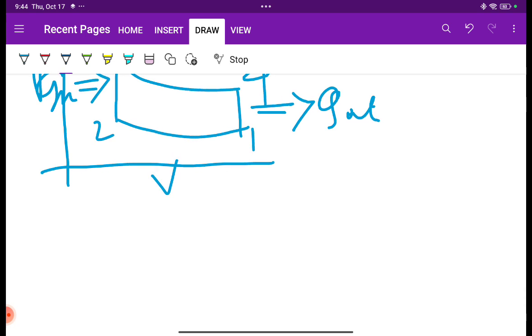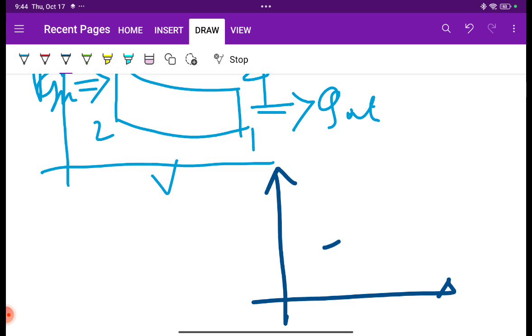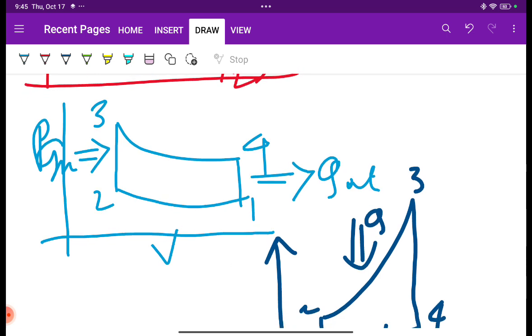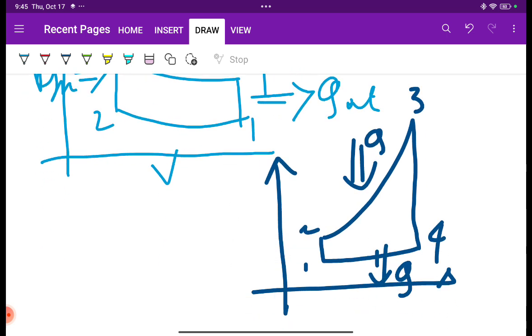Now we'll see the TS diagram of Otto cycle. It is added from this side and rejected from this side. So this is PV diagram and this is TS diagram, temperature versus entropy diagram.